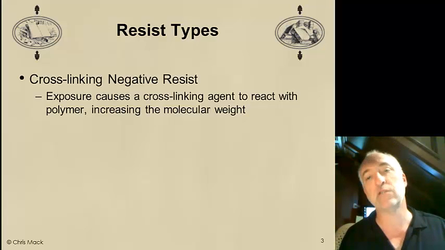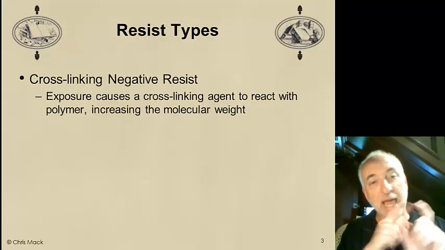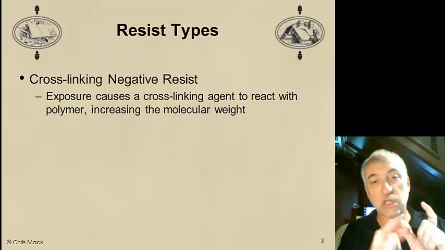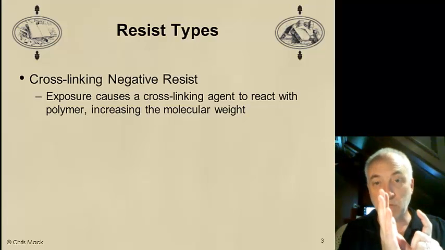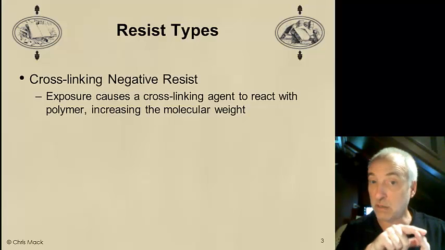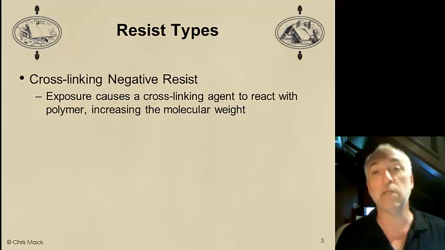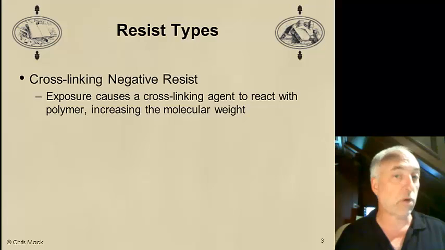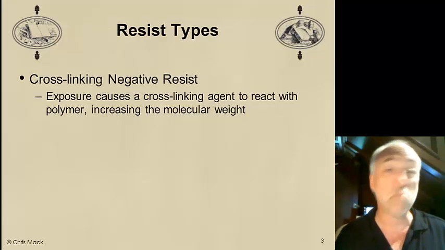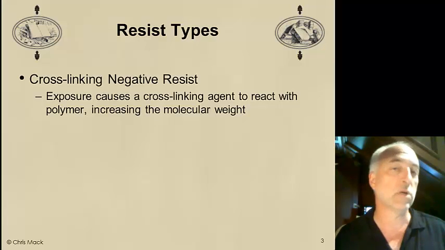This was a photosensitive molecule that had two ends that were reactive. And so you'd expose it and make one of the ends reactive, and it would react with a polymer molecule. Then the other end could also react with a polymer molecule, causing a cross-linking between those two molecules, increasing the molecular weight. Further cross-links would increase the molecular weight more, and eventually the molecular weight got high enough that the material was no longer soluble in a solvent developer.